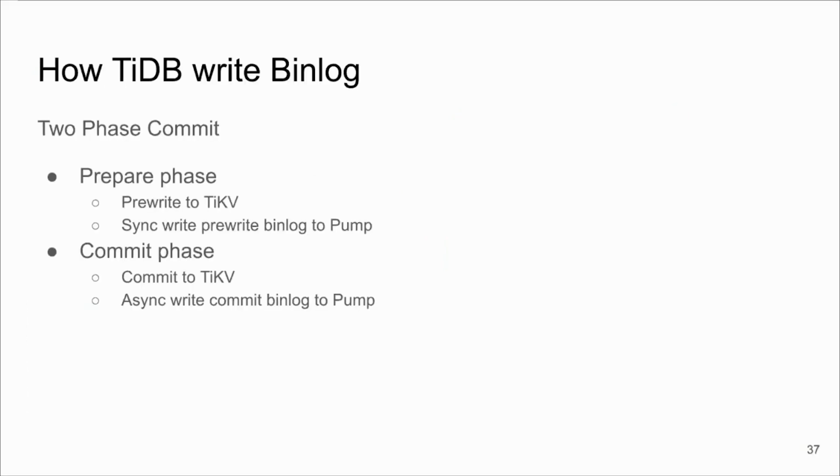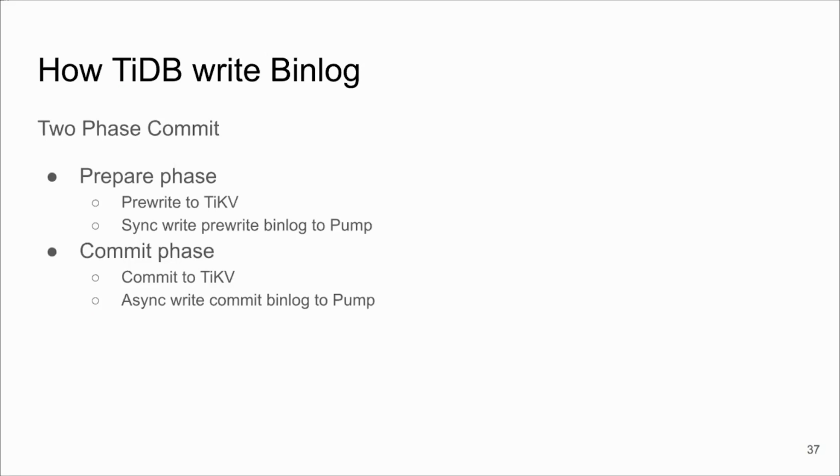The reason to do this is that in the prepare phase there's more work, as you have to write the data to your key value store. In the commit phase, you only need to change this one row and make it visible.